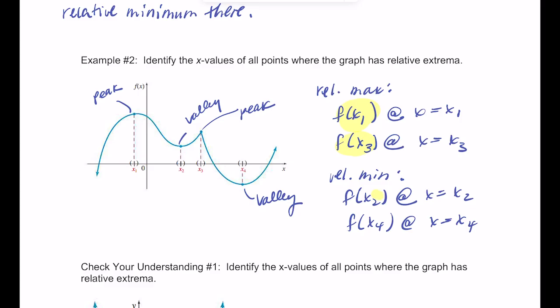And again, your maxes and your mins are your y values. The x value is just where that max or min occurs. Also keep in mind that relative maxes and mins are not just singular points, they need to be in peaks and valleys.